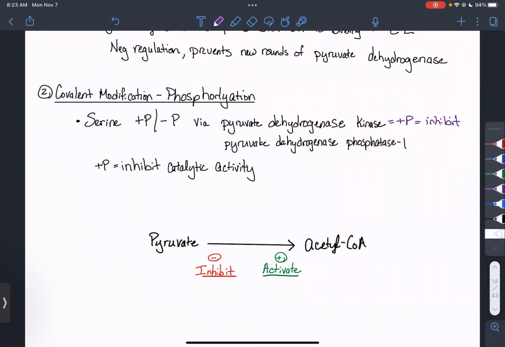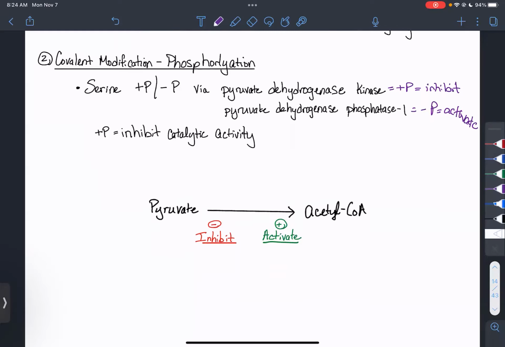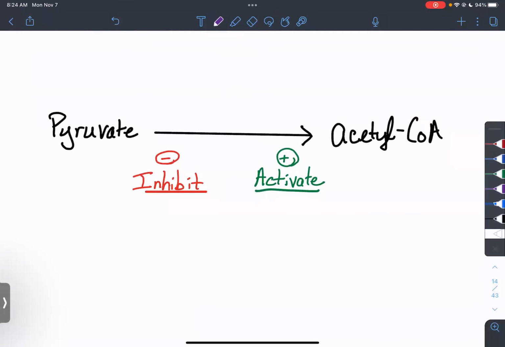And then the pyruvate dehydrogenase phosphatase is going to remove the phosphate and it is going to activate, right? So this just gives us a covalent way to modify the enzyme's activity, which we've talked about many, many times before.